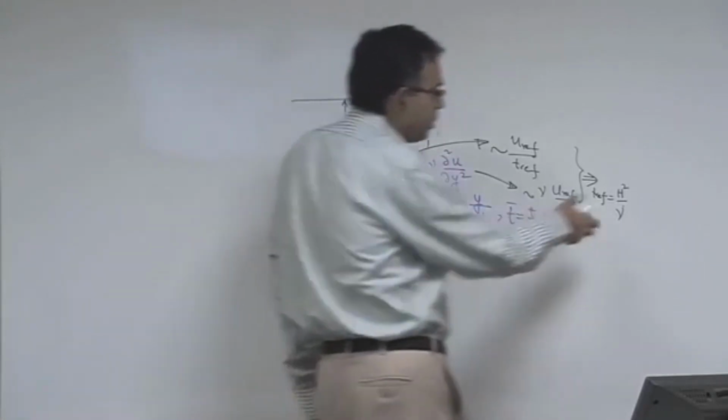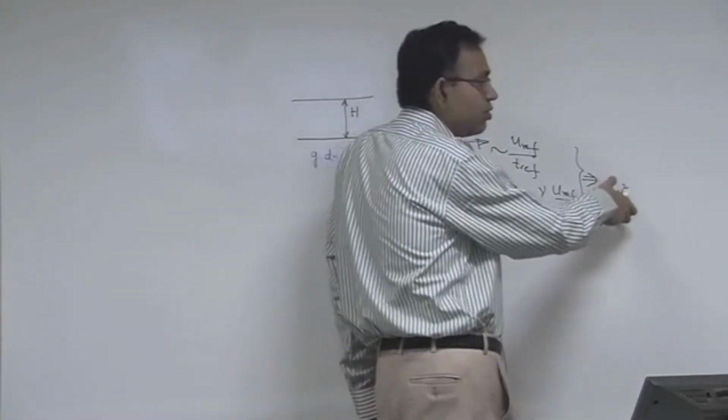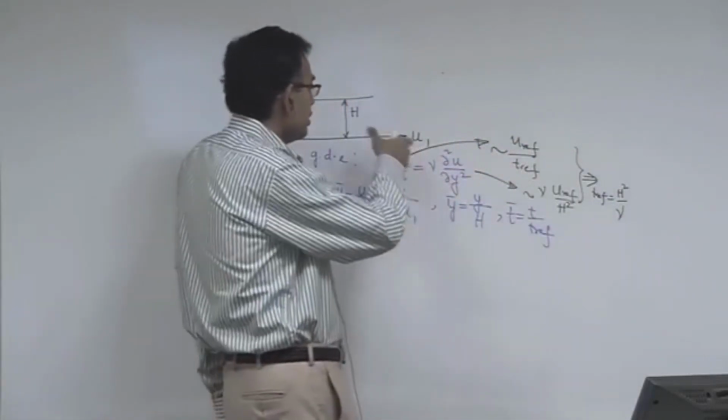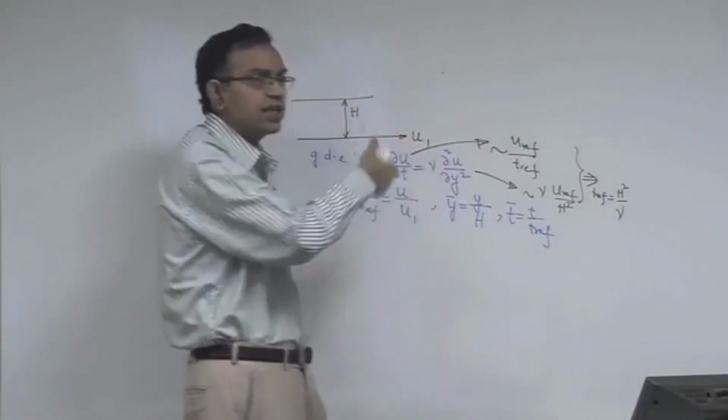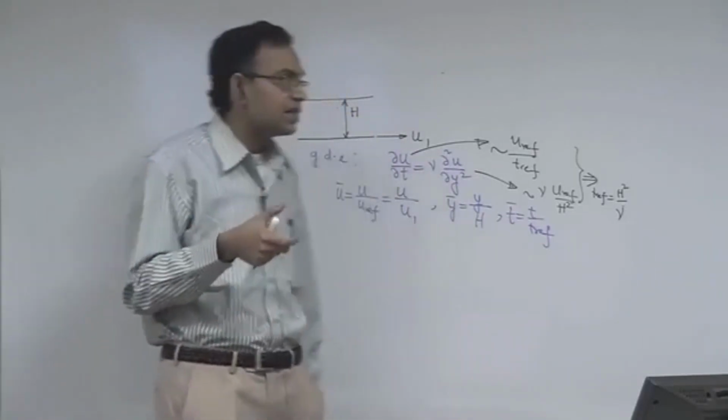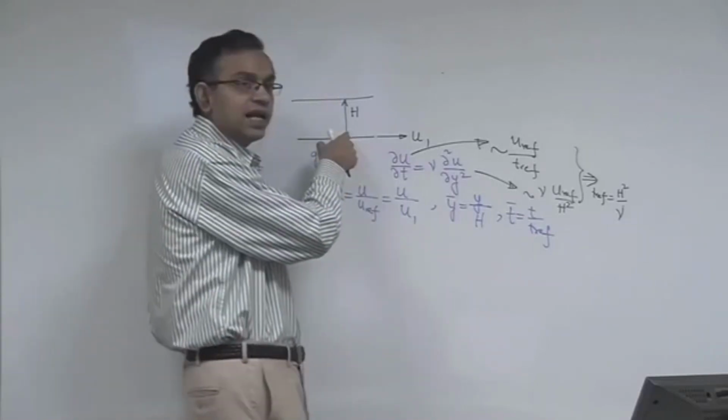So, what is this h square by nu? h square by nu is the characteristic time by which this characteristic change diffuses over a distance h. What creates the characteristic change?